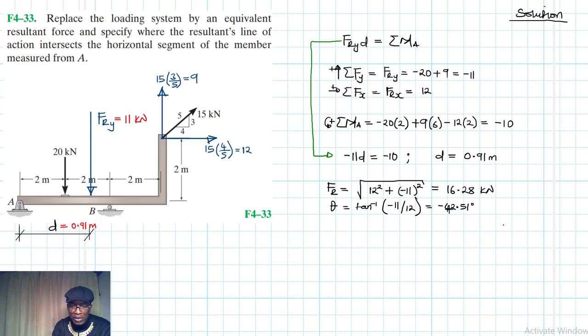Negative just simply means if you have a coordinate system like this, with x and y, an angle like this is our positive convention, and an angle like this is a negative convention. So that negative just simply means we are going clockwise. Now we have all the information.